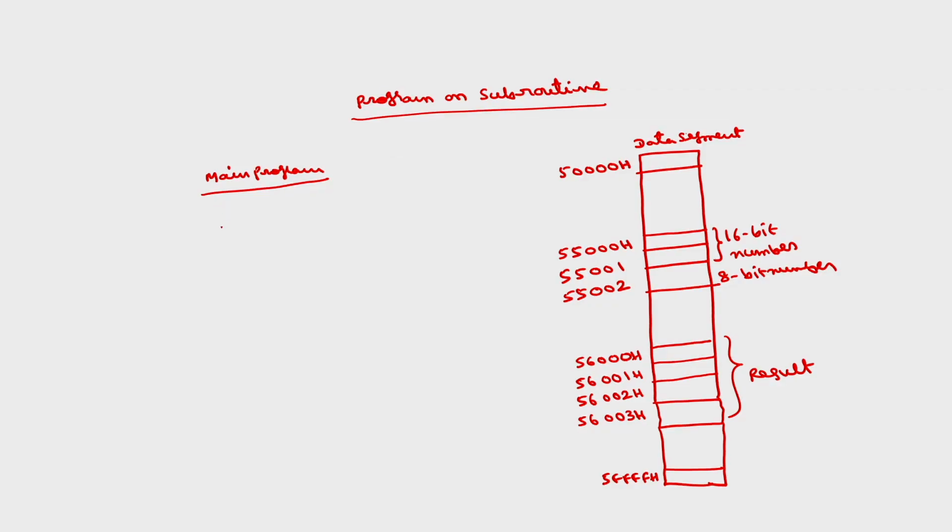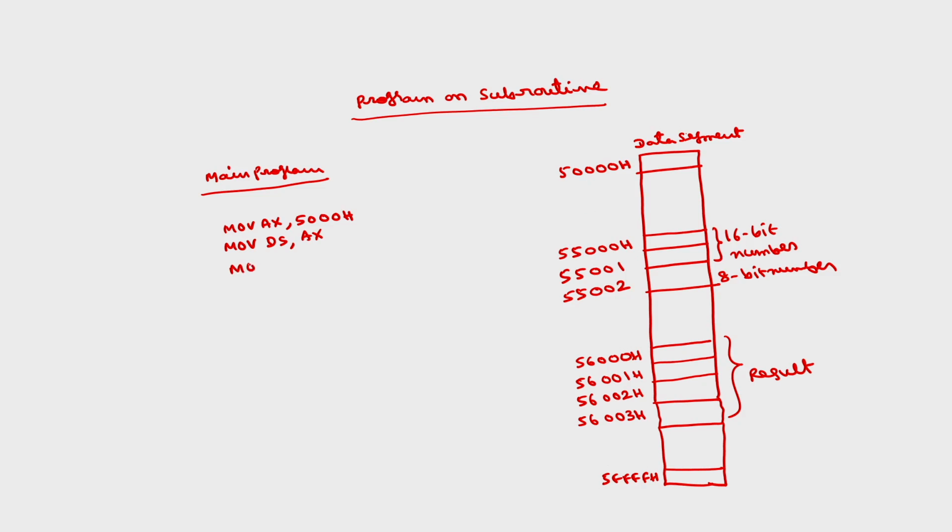So move AX comma 5000 H, move DS comma AX. Okay. Then the first 16-bit number is present at the location with offset 5000.